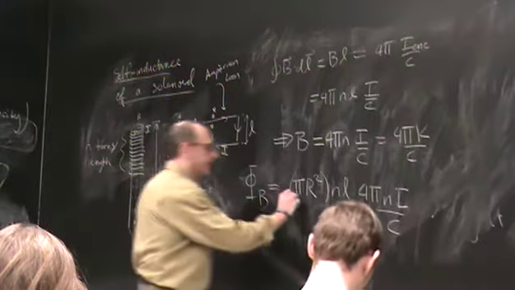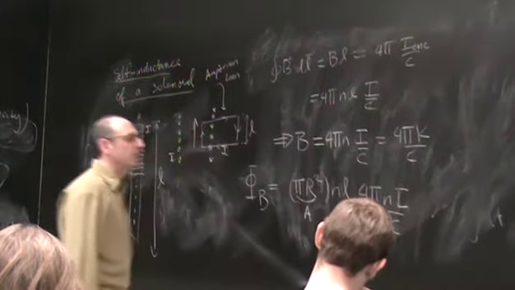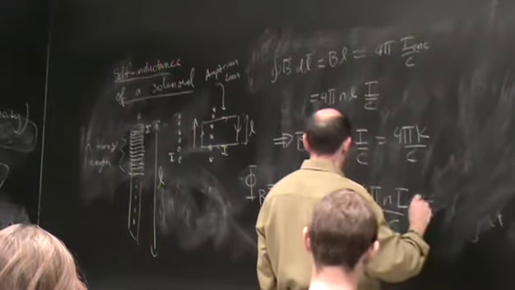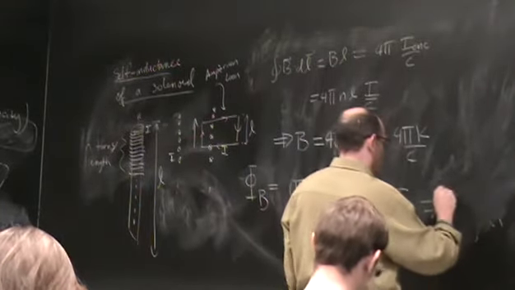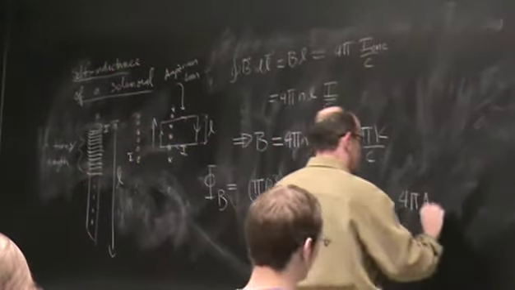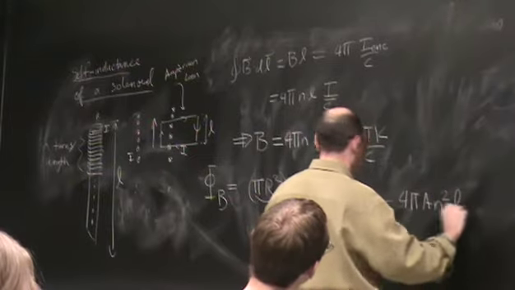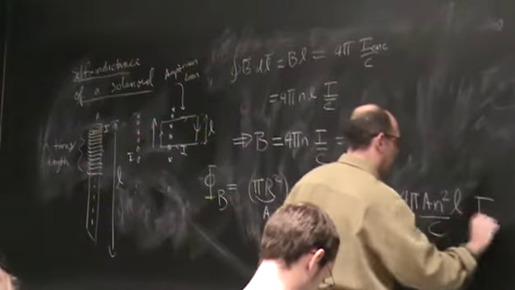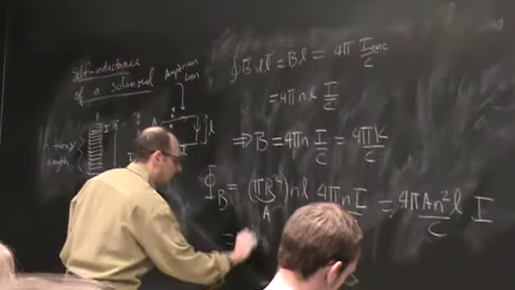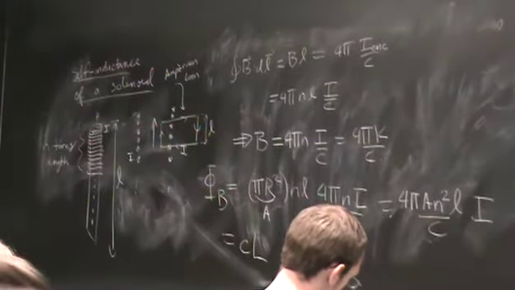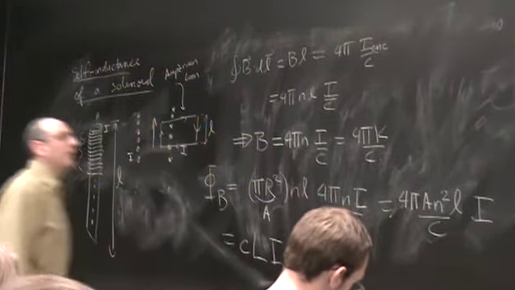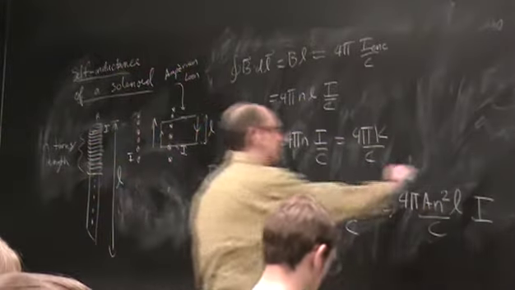Let me just call this thing A, the area of the loop, so I don't have all these pi's floating around. And so I have 4 pi, the cross-sectional area, n squared L over C times I, is equal to C times the self-inductance times I. So, the final answer, please.